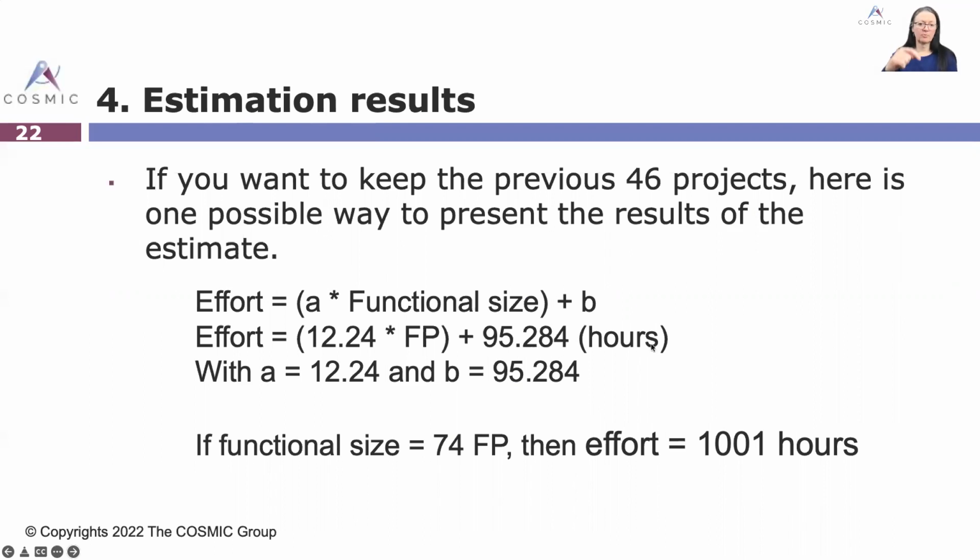That was on the previous graph. So A being 12.24 and B 95.284. So if our new project is of a functional size equal to 74 function points or COSMIC function points, then the effort will be 1001 hours. Let's round this to 1000 hours.